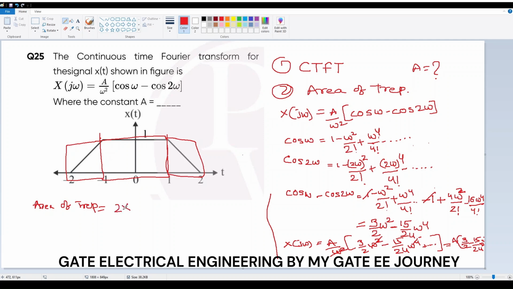So two triangles of base 1 unit and height 1 unit. Now the rectangle: width is 2 and height is 1. So the area of the trapezoidal is 1 plus 2, that is equal to 3 square units.